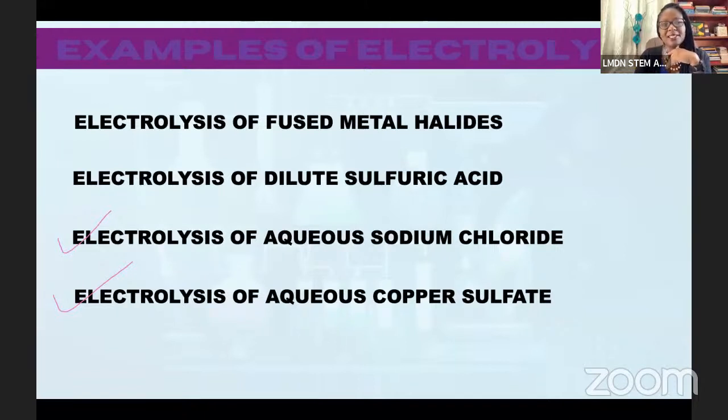I want you to look at this example so you can see how the copper can actually compete with the ions in that solution, and it will then change your electrode products. You won't get what you would think you would have gotten if it were inert. So pay attention to these examples for sure in your own time, okay?